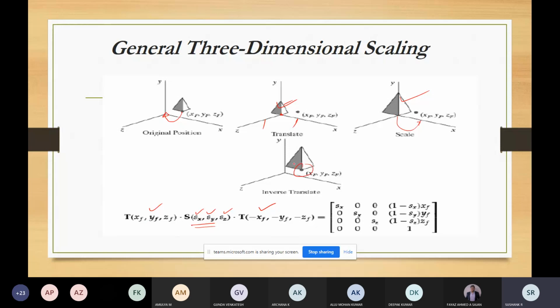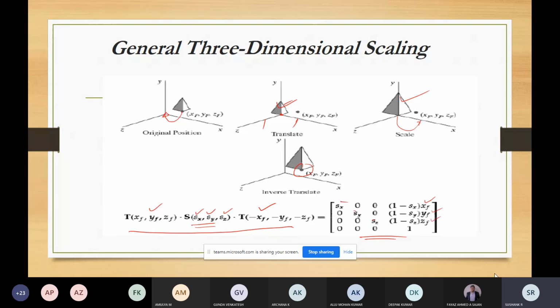This is the sequence of transformations that is being done, and this is the composite matrix. So that's the matrix representation of moving an object about a fixed point, the scaling along x-axis, y-axis, z-axis, and this will give you the translation and the scaling. 1 minus the scaling value times the fixed position of x, fixed position of y, and fixed position of z.